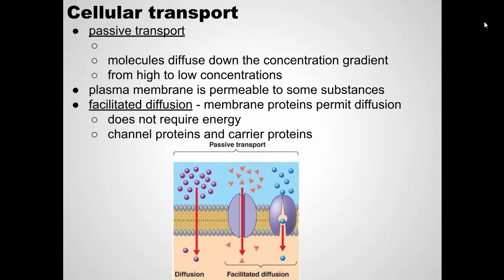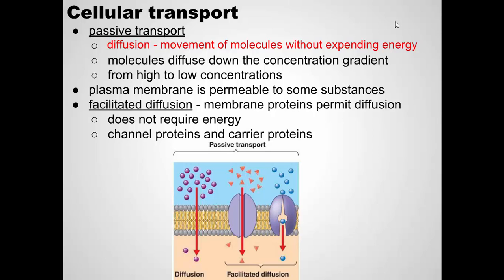As we talked about, there are a couple ways that molecules can move into and out of cells. One is through this process called passive transport. Passive transport is diffusion, movement of molecules without expending any energy.